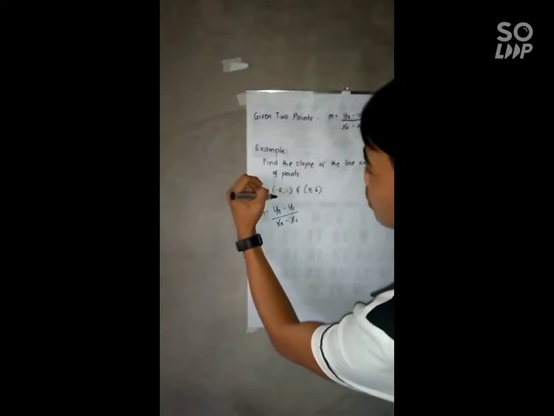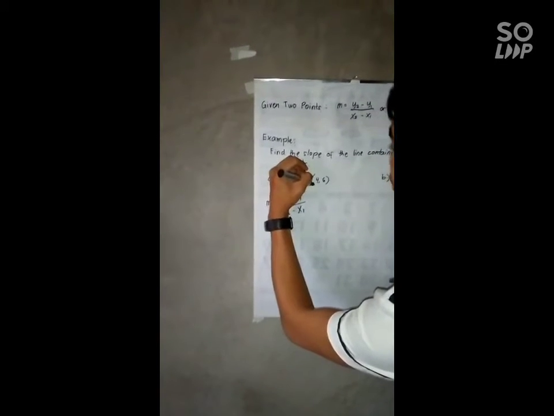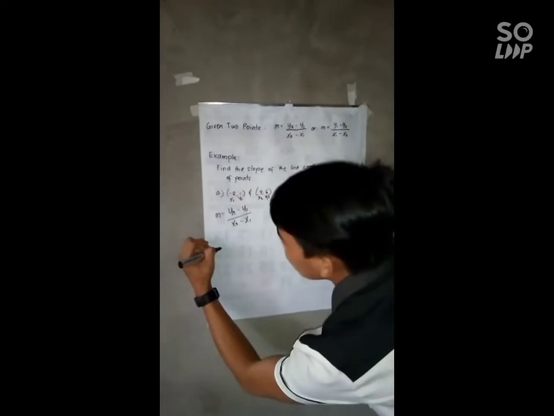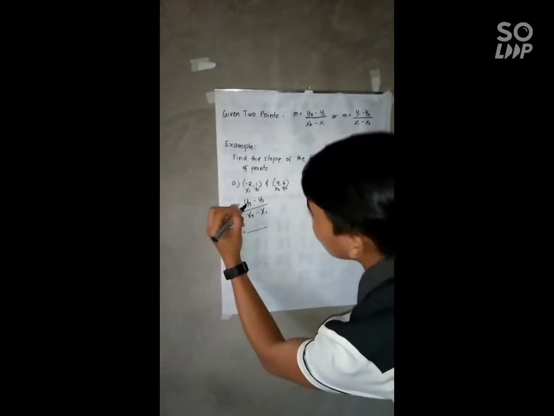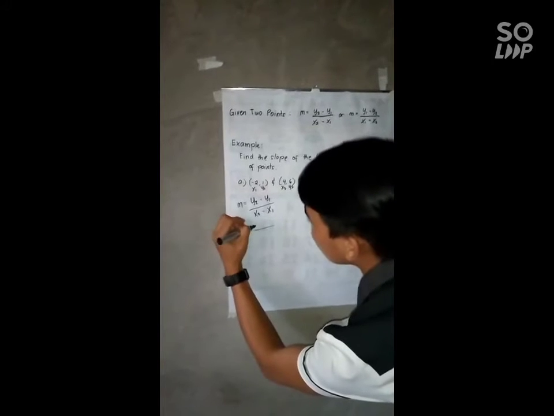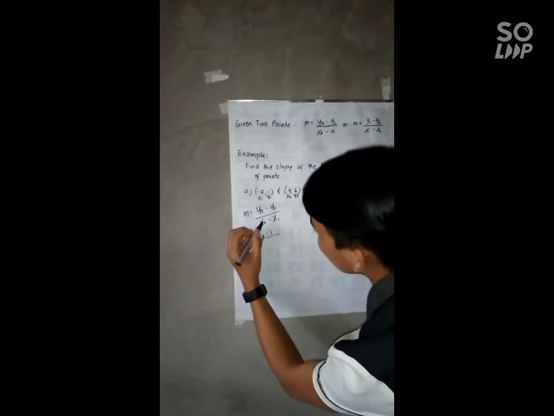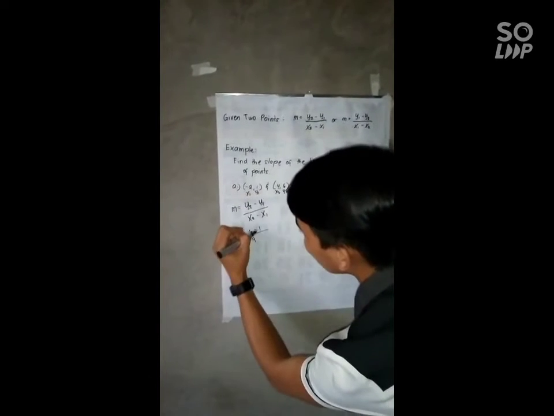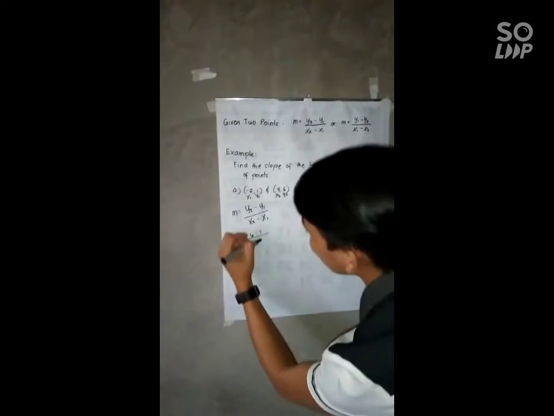This is our x1, this is our y1, then x2, y2. So y2 is 6 minus y1, 1, over x2, which is 4, minus x1, which is negative 2.